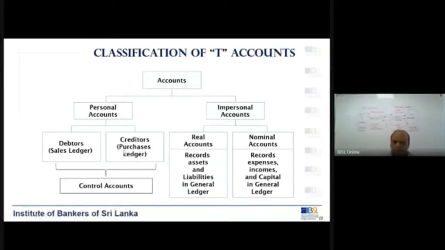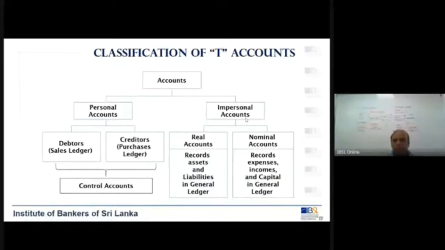Similarly for creditors, you need to maintain an account in the name of XYZ Stationers. Why? Only then do you know how much you need to pay to XYZ Stationers. Likewise, you might have several debtors and several creditors, so you need to know the details of all those debtors and creditors.